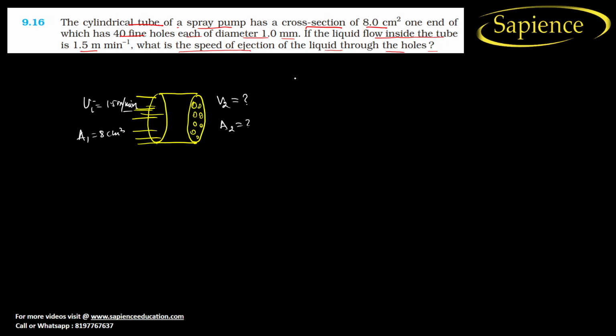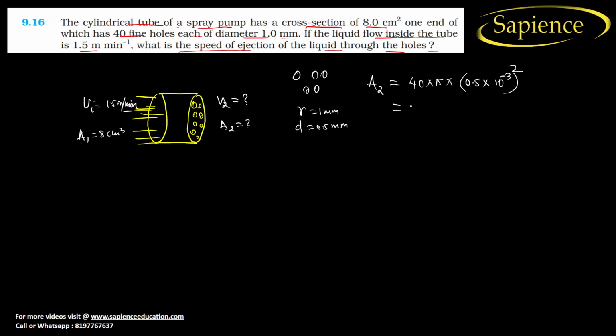Since they have given 40 holes, the total area at the outlet, A2, is the area of the 40 holes, each equal to pi r squared. The diameter is 1 mm, so the radius will be 0.5 mm, so we put 0.5 into 10 power minus 3, whole squared.